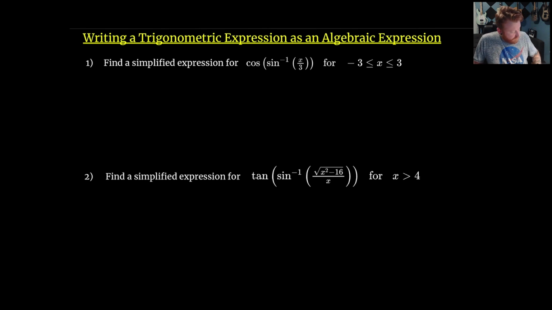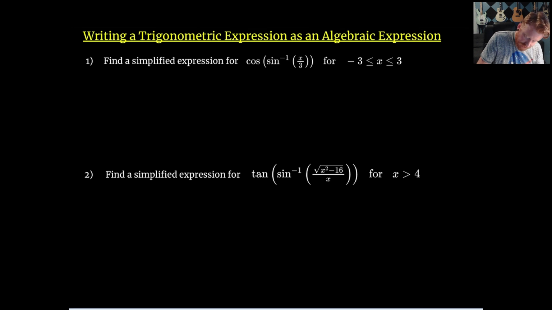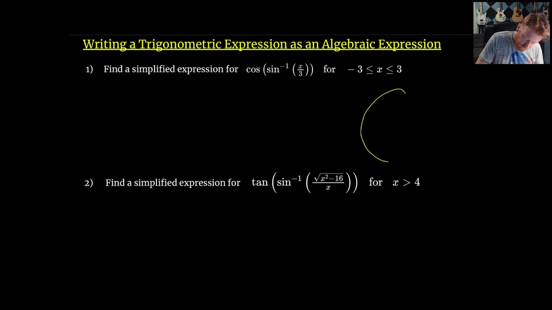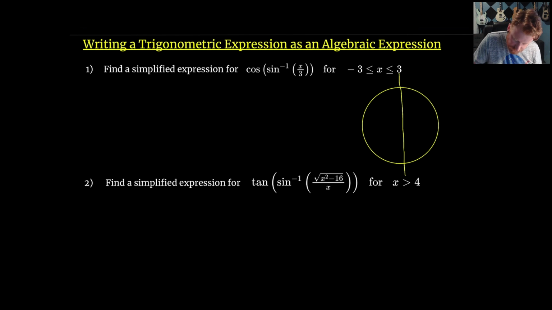So we are trying to figure out what's going on here. So let me draw a unit circle. Let me change colors back to yellow. There are different approaches that we can take for these. For this one, I'm drawing a unit circle in. We're talking about the sine inverse, so I know that we're going to be restricted to the right half of the circle here.